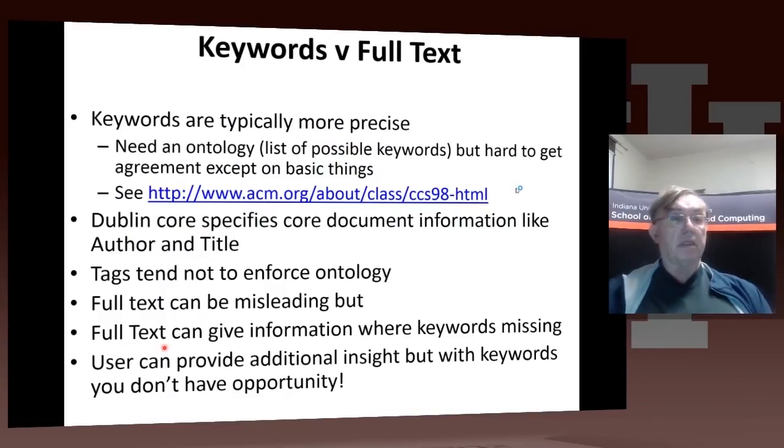Here's a comment on the difference, which is sort of a related comment, as well as difference between information retrieval and databases. We can study the difference in keywords, which we'll discuss a little more later on, and full text.